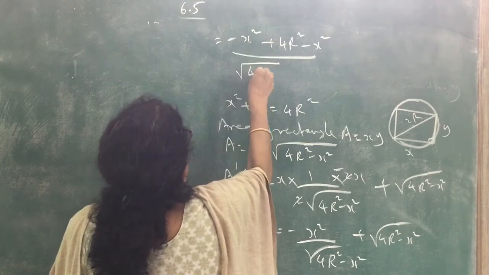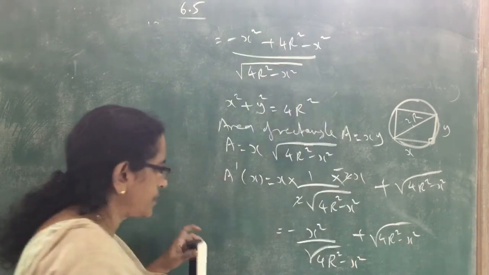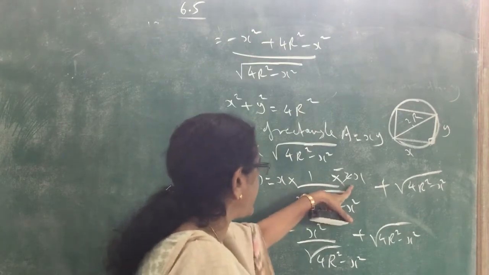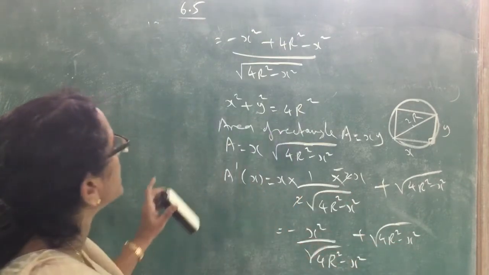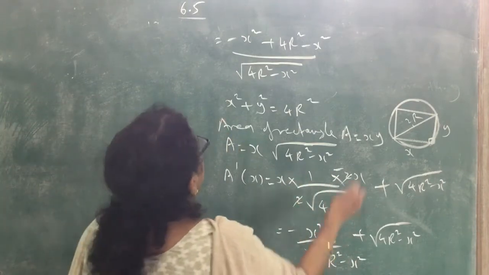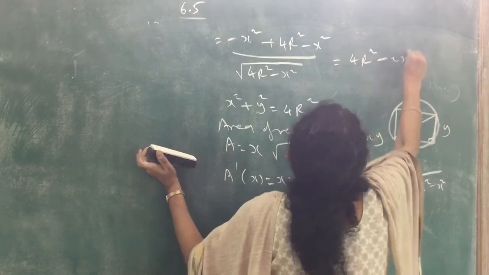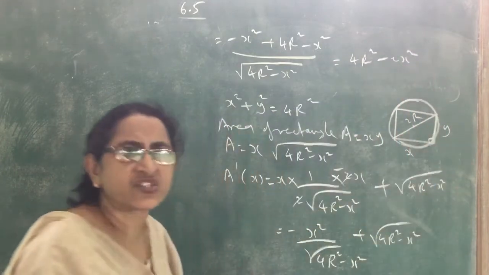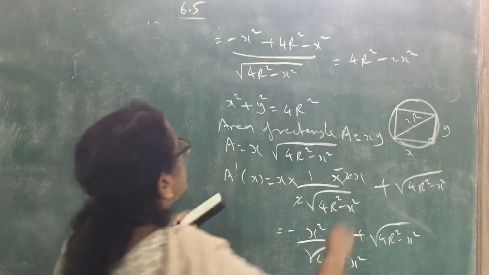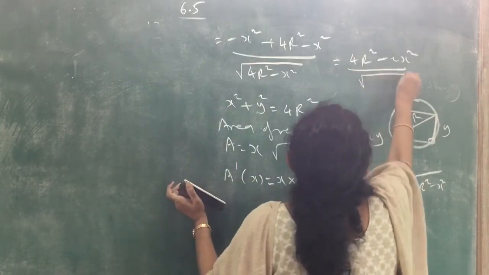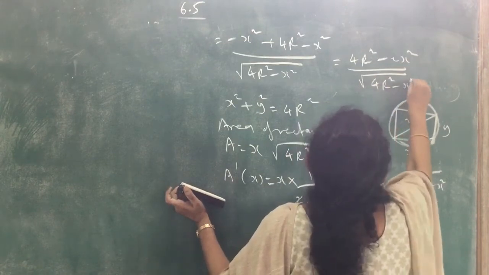So we got minus x square plus 4r square minus x square, which gives 4r square minus 2x square. So that is the derivative, 4r square minus 2x square divided by root of 4r square minus x square.